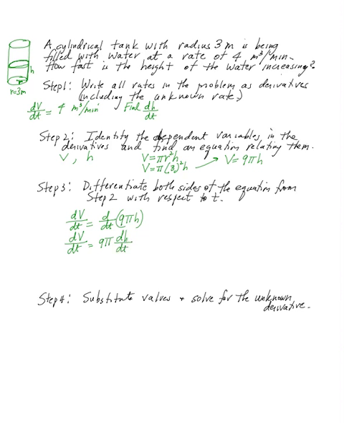Now, what if we had left the volume as pi r squared h and had not filled that 3 in for r? Well, if that's the case, dV/dt would be the derivative with respect to t of pi r squared h.